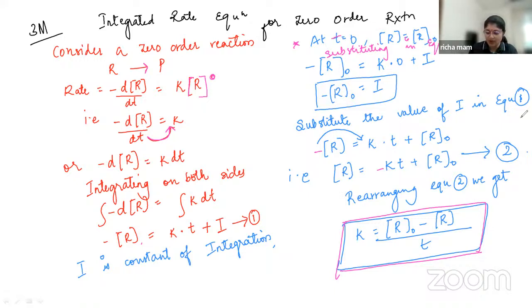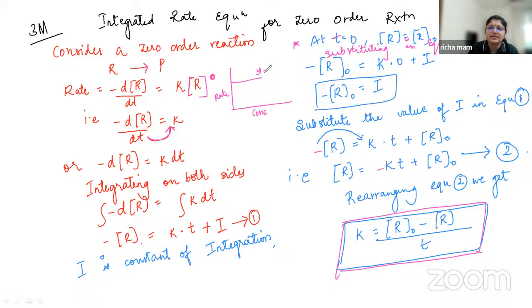Now, we saw in the last class the graph of rate versus concentration, where you can see a straight line, which is y equal to c. So we had seen it like this: rate versus concentration.